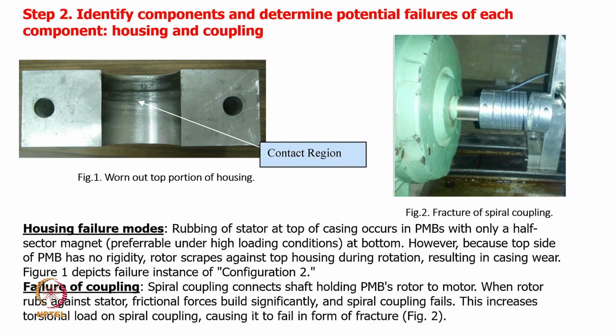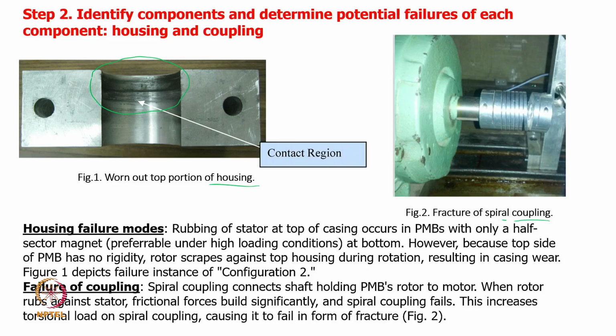Now, coming to the third part, that is the housing. Even in the housing we found, particularly for configuration 2, because we used only a 180-degree arc at the bottom and the top was without any arc, that the rotor has rubbed against the housing also. That is the contact region that has been shown, and the last one is the spiral coupling.